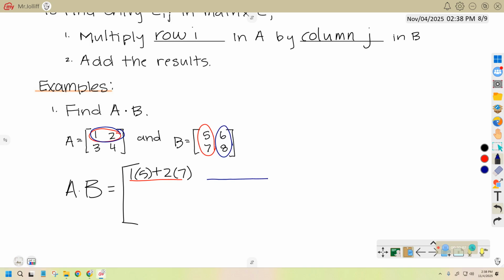Because if this is row 1, column 2, I want row 1 and column 2. That's literally what is pulling from those first 2 matrices. So it's 1 times 6 plus 2 times 8. You will notice in that first row in the answer, the numbers out in front of the parentheses are the same because I'm in the same row. It's the second numbers that change because I'm changing columns.